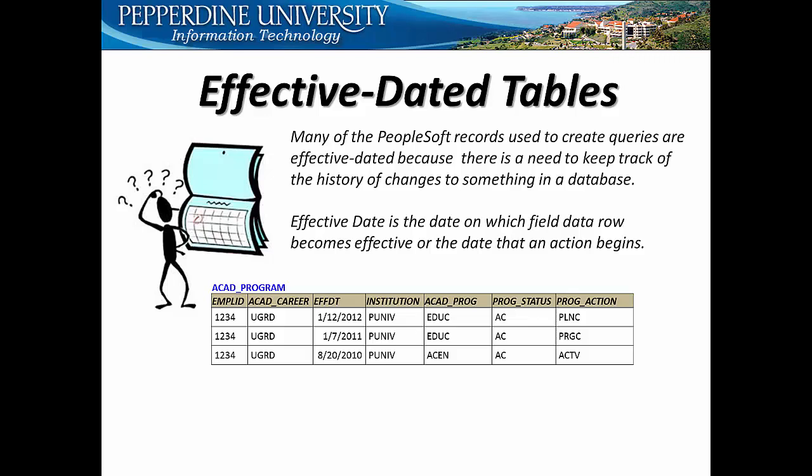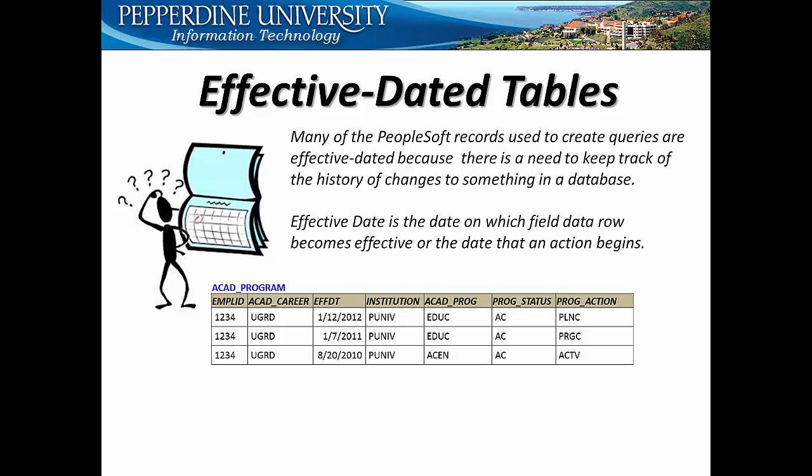The effective date field helps to uniquely identify the state of participation. By using these fields, one can find out which program a student was in at a given point in time. The full primary key of the academic program record is the combination of EMPL ID, academic career, and effective date.